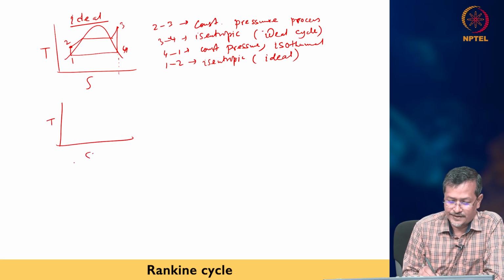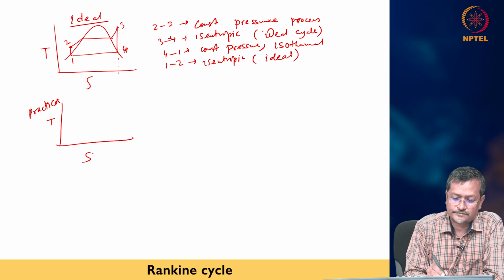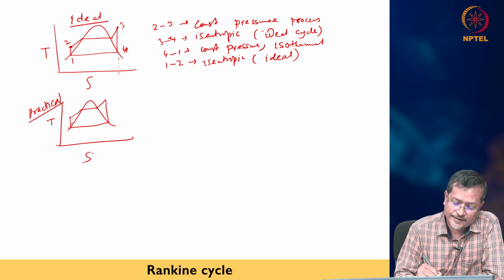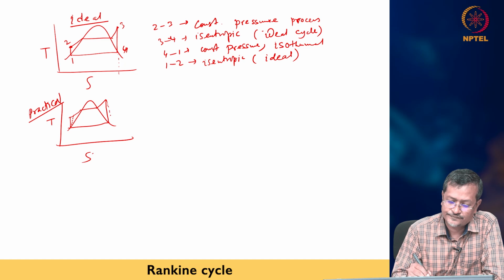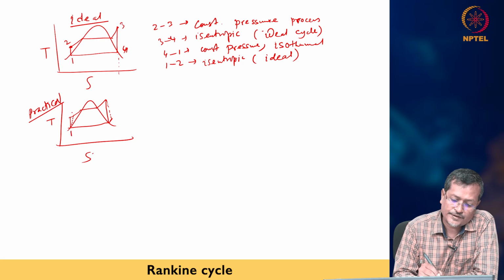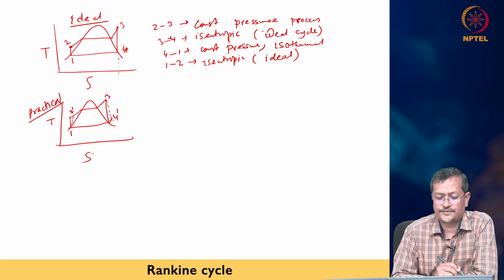And for the practical TS diagram, you first draw the envelope and the ideal cycle, then the practical cycle will be like this: 1, 2 dash, 3, 4 dash.